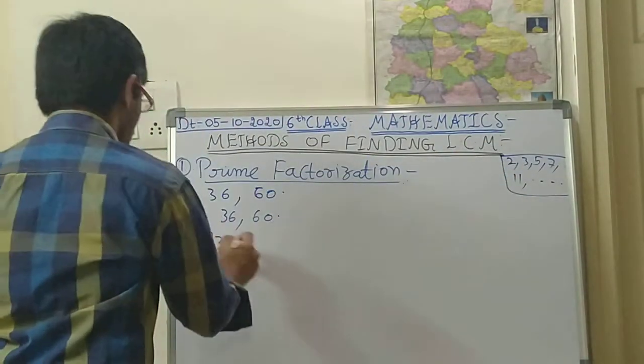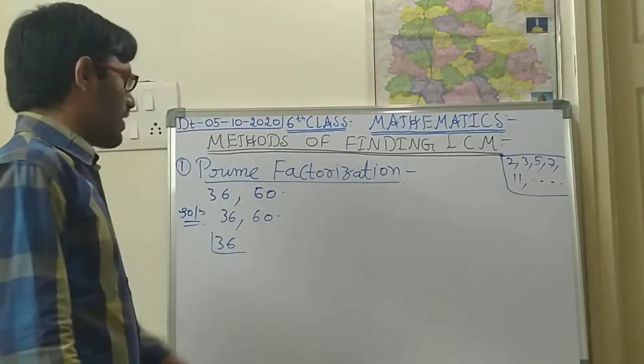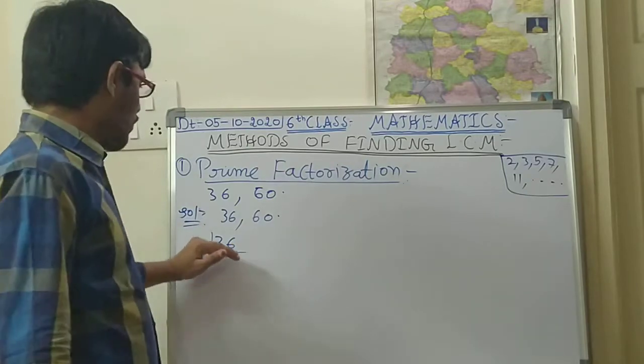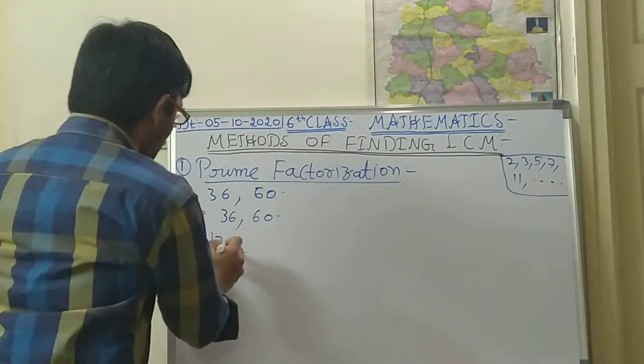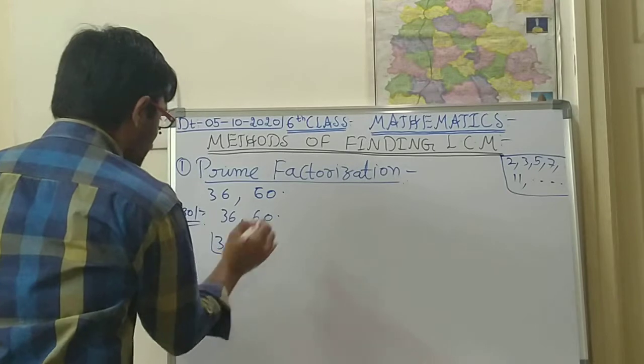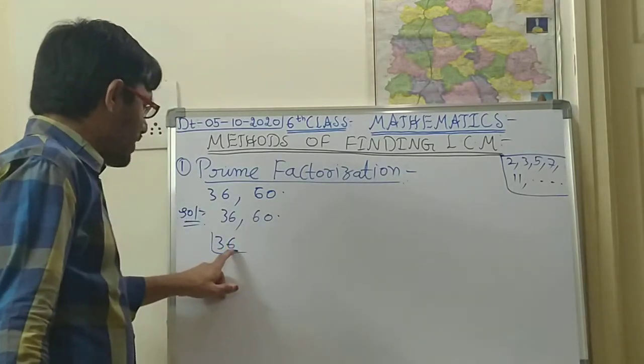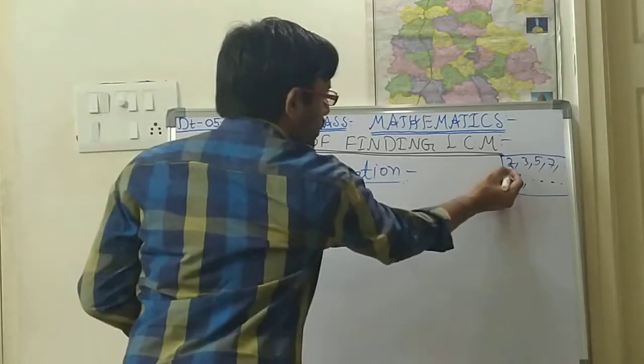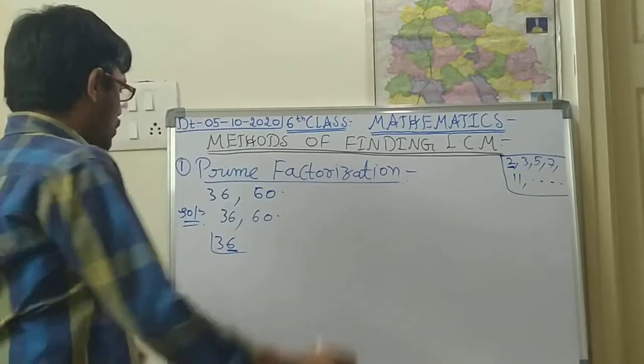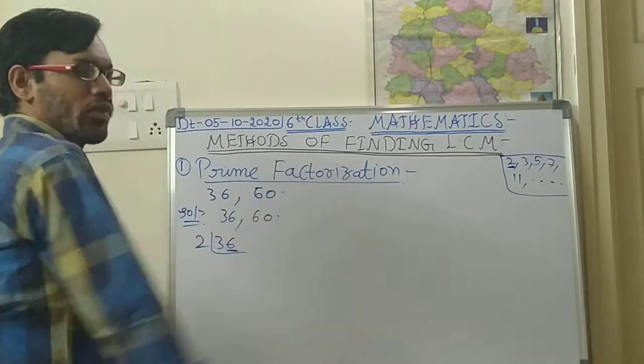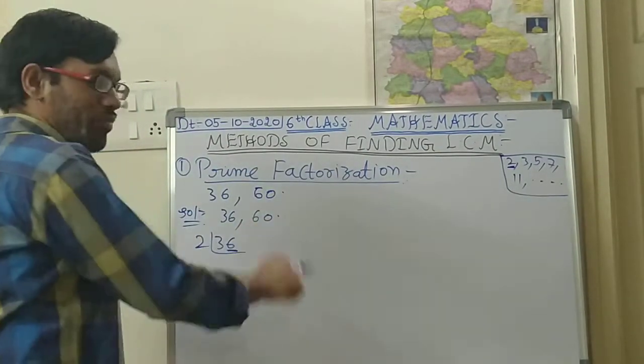Okay. So here, see children, 36. How will 36 get its prime factors? First you see the ones place digit. Here the ones place digit is 6, which means it is divisible by 2. Is it right or not? So we should take 2 and divide.